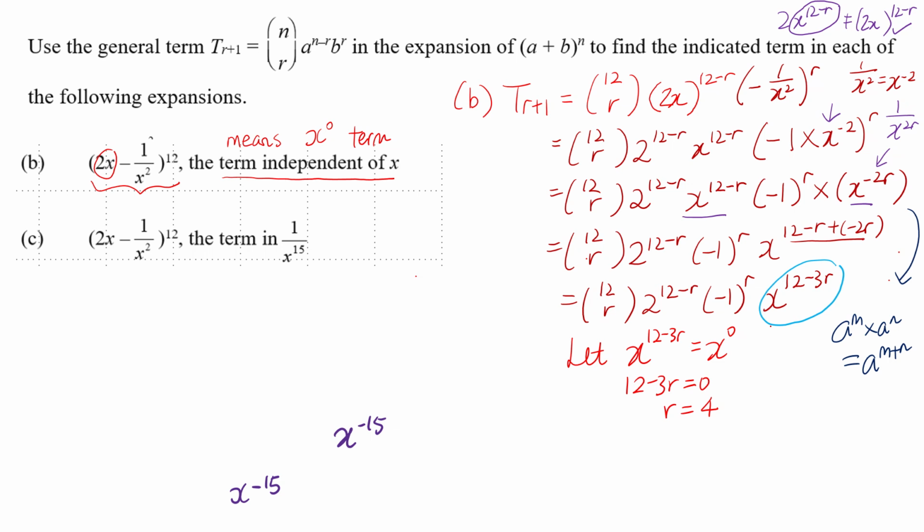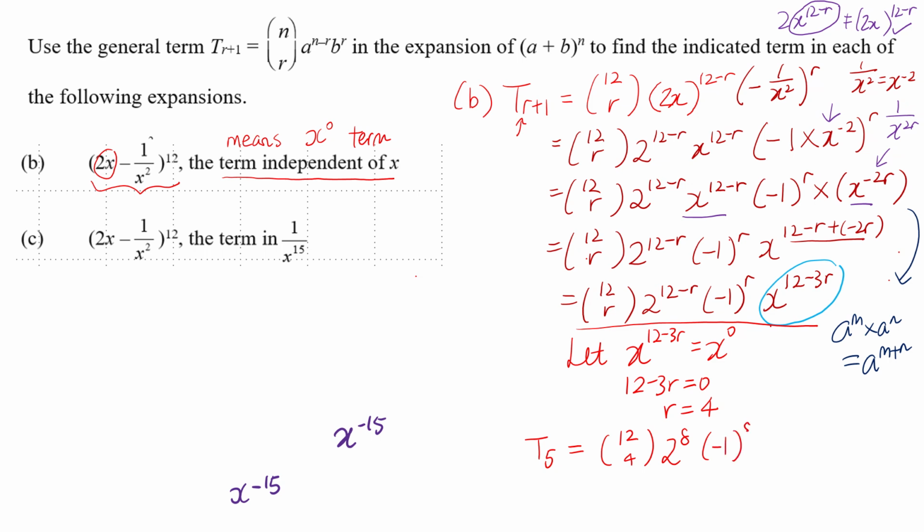All right, so when r is equal to 4, I can substitute r equals 4 here. So we're actually finding the fifth term. The term independent of x is actually the fifth term. So that is 12C4. You can use this one. 2 to the power of 8, negative 1 to the power of 4.